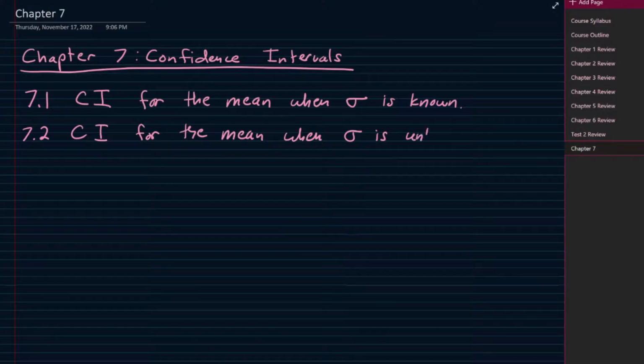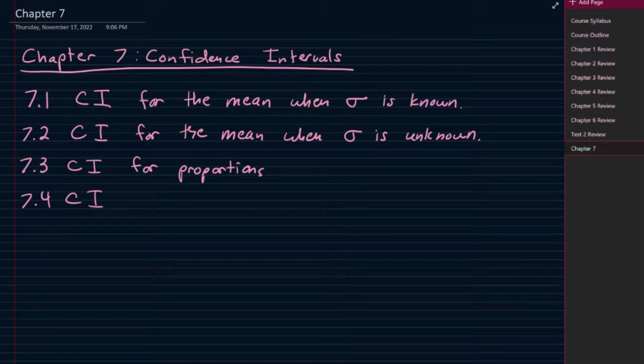And then in 7.3, we'll talk about confidence intervals for proportions, which is the binomial stuff, essentially. And in 7.4, we talk about confidence intervals for variances and standard deviations.